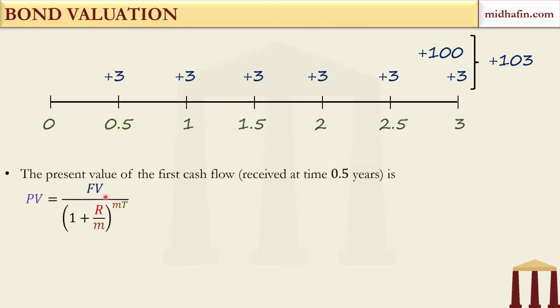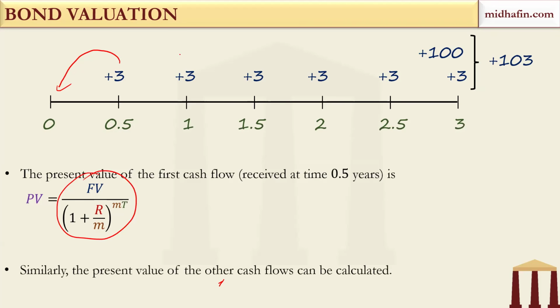So the present value of this first cash flow you find. So first cash flow, this 3. Use this formula, find out the present value of 3. Similarly, the present value of other cash flows you find by discounting it to the correct time point. Use the correct periods also. So tell me just one thing.